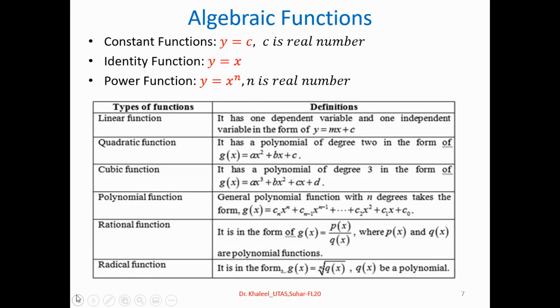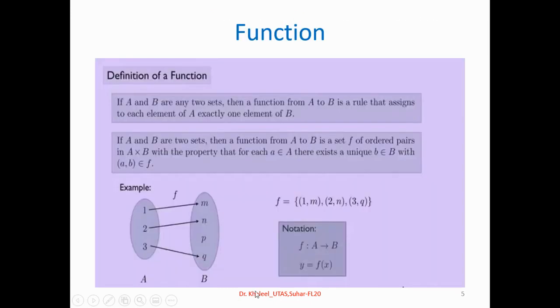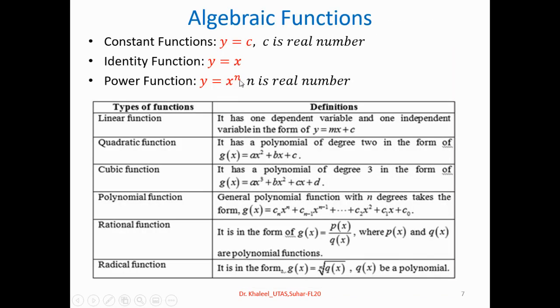As I told you earlier, this is the general form of the function. So here, y is equal to C. That means f of x is equal to C. Either we write y, so there is no x.